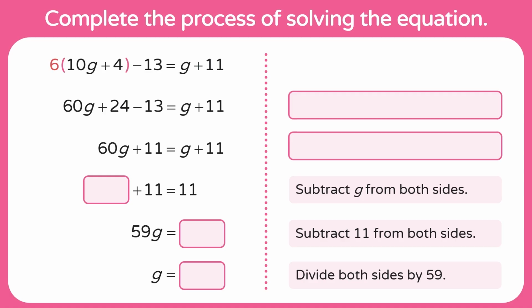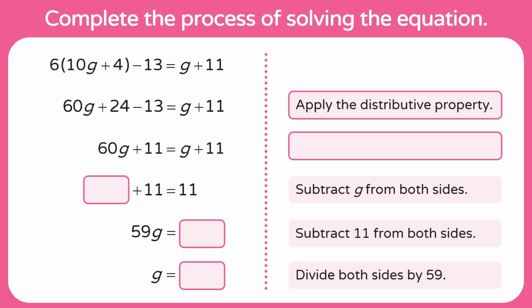Let's check. Multiplying 6 by both 10g and 4 gives us 60g plus 24. That's right. So, we can write apply the distributive property on the first blank. To fill in the next blank, we need to find out what changed from the second equation to the third equation.